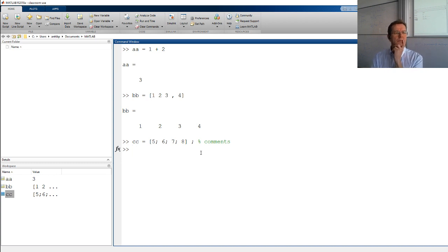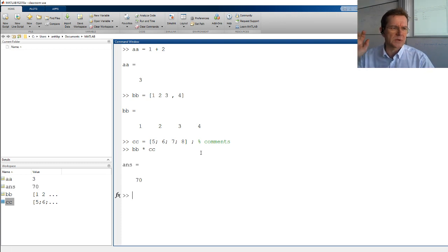One is 1 by 4 and another is a 4 by 1 vector. We can do some vector multiplications now. So BB times CC. Remember, it's a matrix calculator, meaning that if these values are vectors or matrices, it tries to follow the matrix calculation rules.